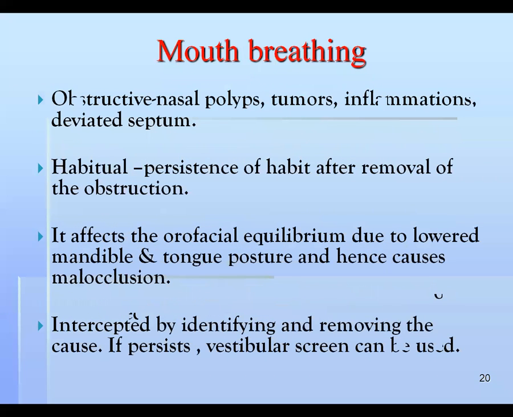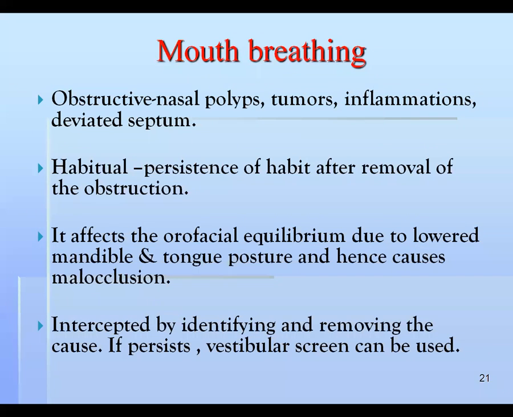Then mouth breathing. Mouth breathing can be due to obstructive nasal polyps, tumors, inflammations, or deviated septum, or it can be habitual. Persistence of the habit after removal of the obstruction is habitual mouth breathing.